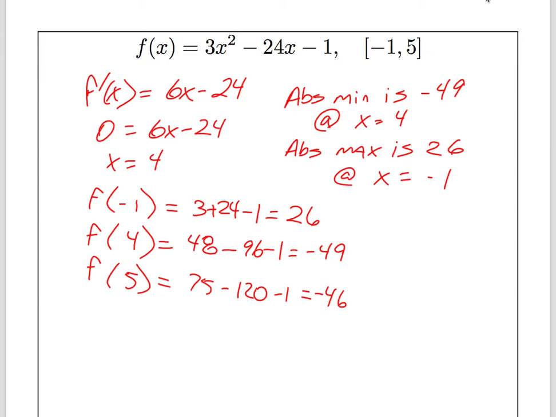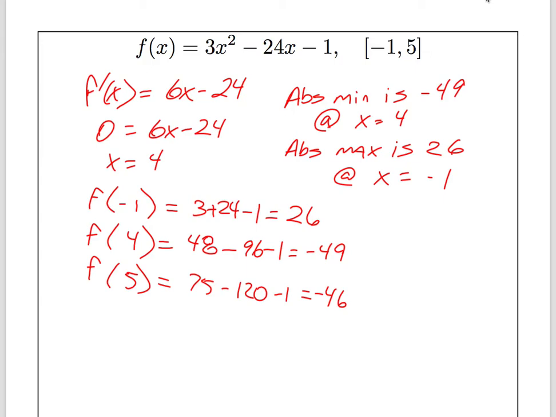Now, since my absolute minimum occurred at a critical point, what does that mean I have at 4 as well? Be more specific. There you go. I have a relative minimum. It's impossible for a relative minimum to be an absolute maximum.